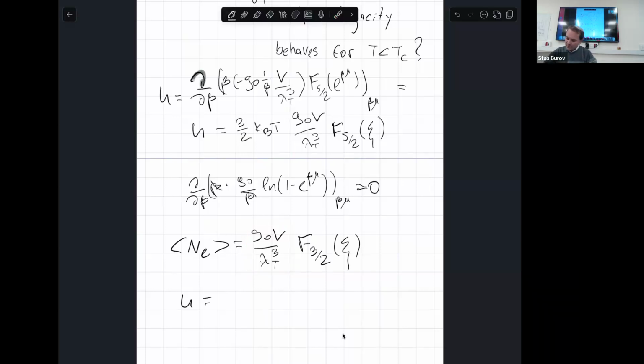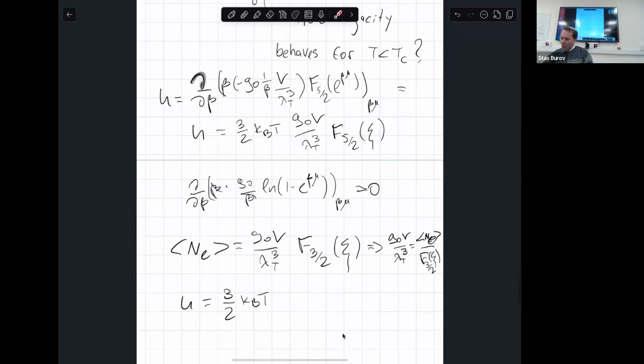So I want to say that it is simply 3/2 K Boltzmann T. And instead of G0V divided by lambda T to the third, I say, well, from here I know that G0V divided by lambda T to the third equals n excited divided by F 3/2 of the fugacity.